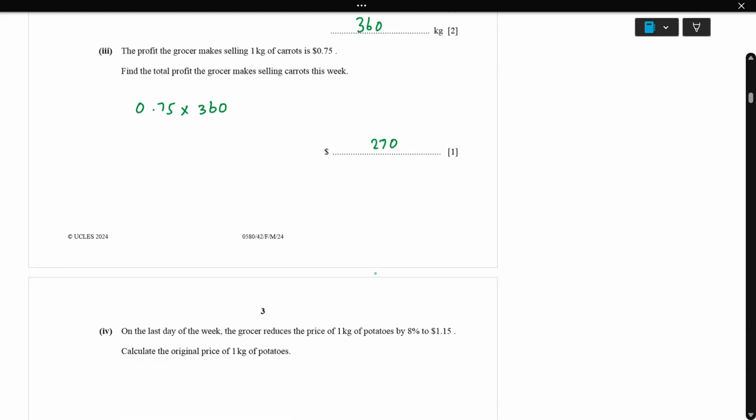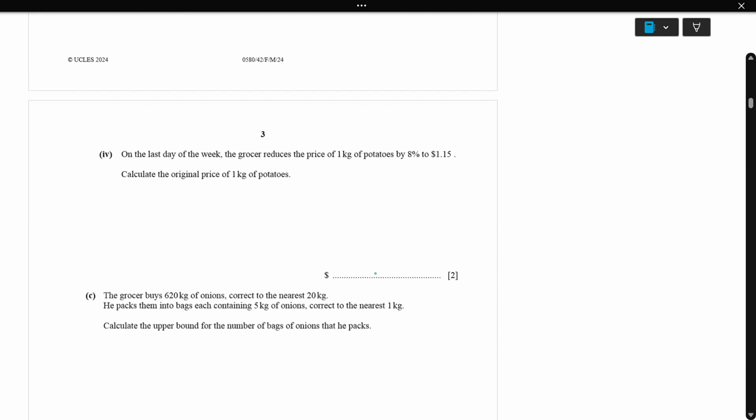Okay, so the next question. On the last day of the week, the grocer reduces the price of 1 kg of potatoes by 8 percent to 1.15. Calculate the original price of 1 kg of potatoes. Take the original price as X. He reduced it by 8 percent, so it is 92 percent.